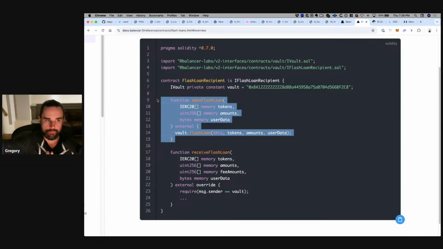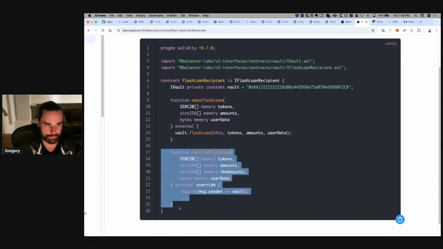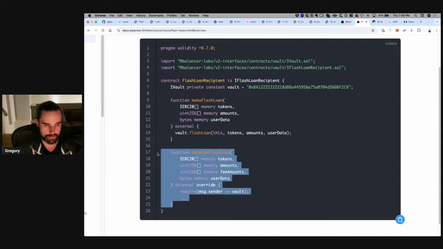And then the Balancer vault says, okay, I'm going to give you the flash loan, and when I do, I'm going to look for the smart contract that just asked me for that, and I'm going to call this specific function number 2 on the contract. So you must have both of these functions, one to ask for the flash loan and one to receive the flash loan, which is what the Balancer vault calls on your contract.